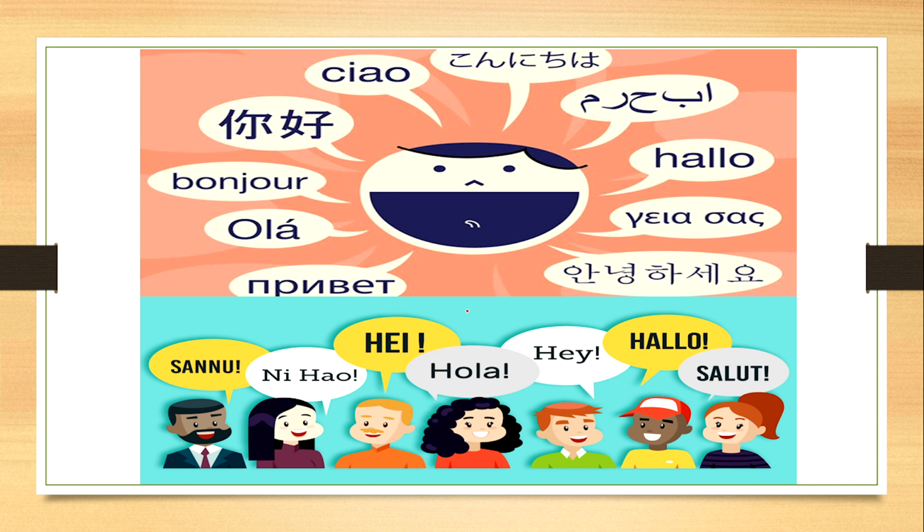If I am expert in all the languages, then only I can communicate with people who know those languages. But if the person doesn't know my language and I don't know their language, then we cannot communicate, so it is a linguistic barrier. So we can say that linguistic barrier occurs in effective communication. Is it clear? You can see hello, ciao, hola and so many things.